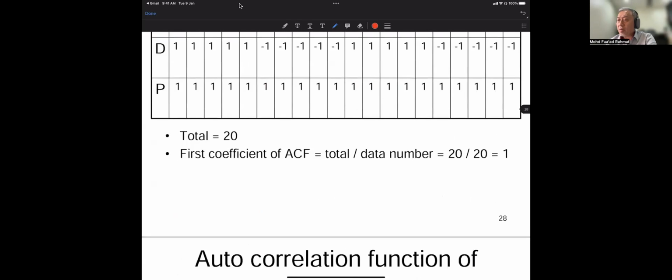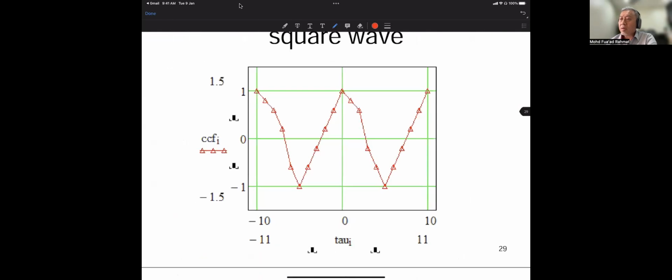Then we get all the values of the autocorrelation, and we plot it. You can get something like this, a triangular wave. This is the autocorrelation function, phi xx tau, and this is tau.